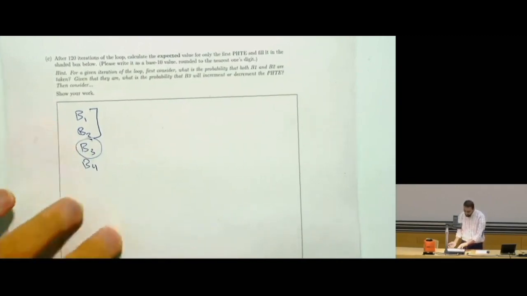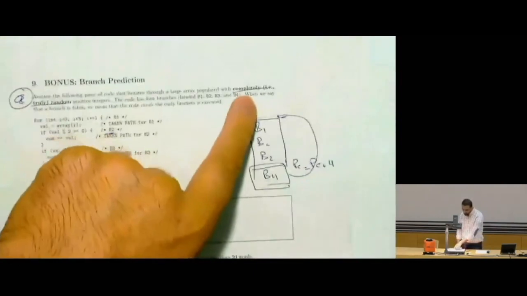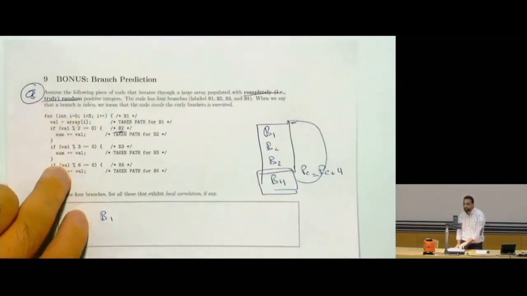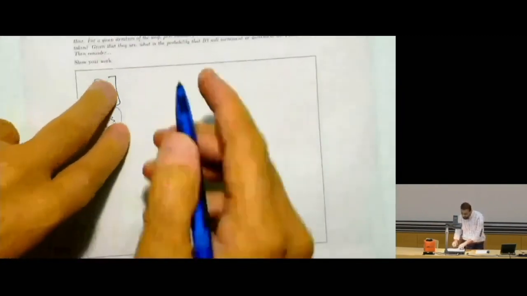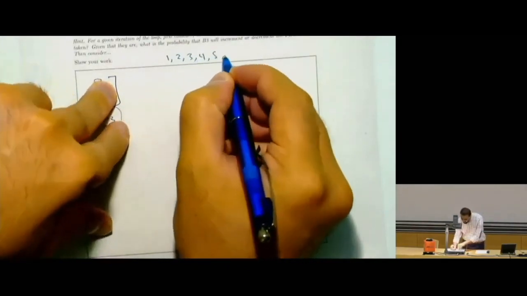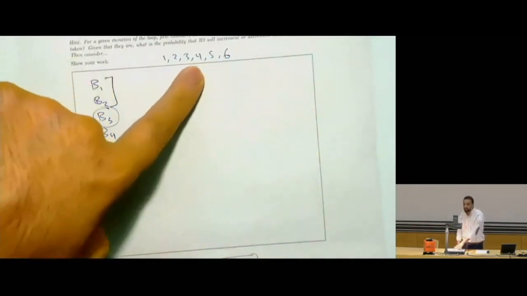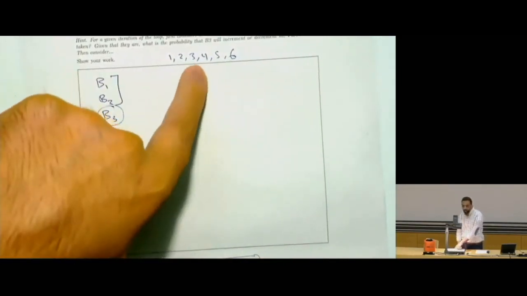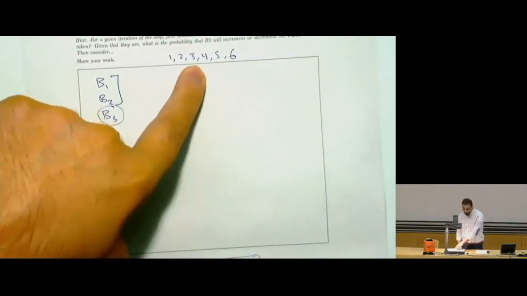For this equation, because it's given that all the values are truly randomly generated, I cannot guess any values. So for simplicity, I'm going to assume that the values are 1, 2, 3, 4, 5, and 6. So this is my array. Any value at any index can be one of those values, just for simplicity.